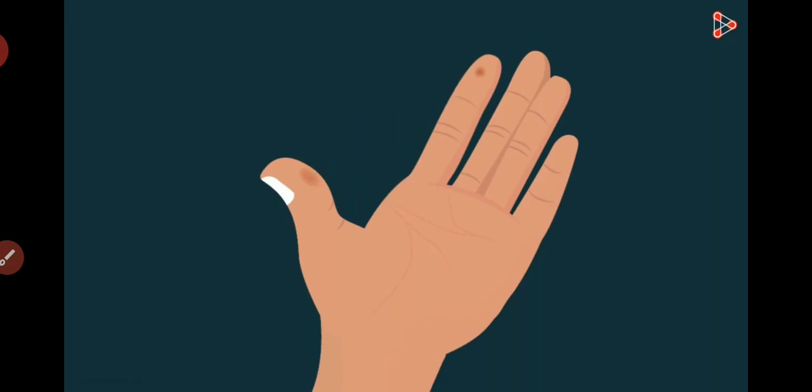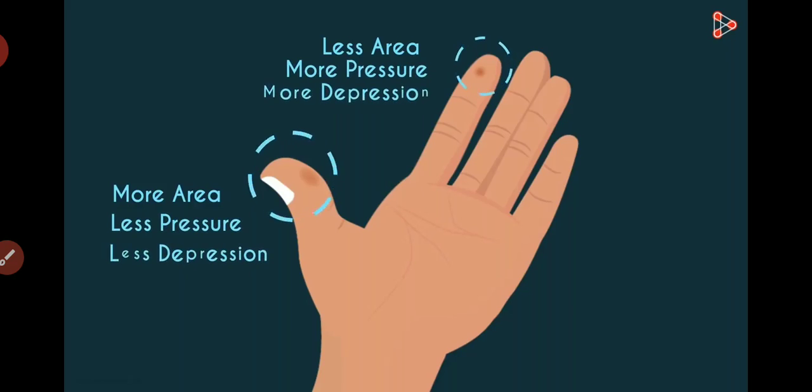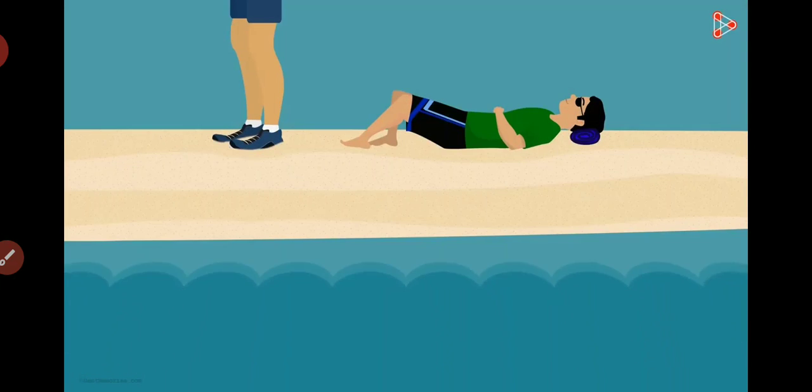But the depression was more on the index finger. That's because the area on which the tip of the pencil applies a force is lesser as compared to the area on which the other end of the pencil applies a force. As the area is lesser, the pressure is more, and that's why the depression is more. Can you understand the second situation using this concept?